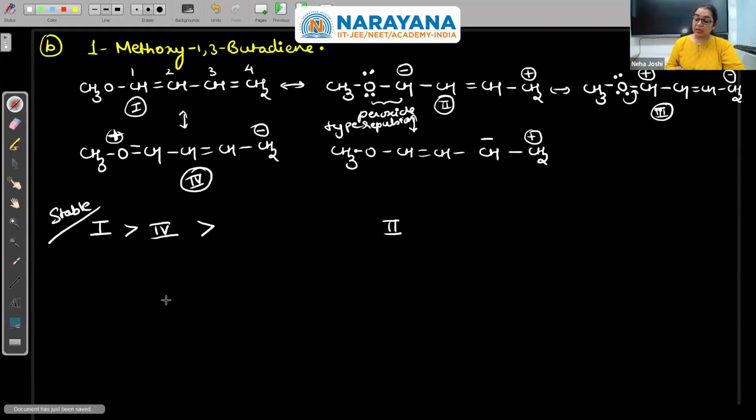Okay, is that clear? Now coming to the third and this one. They are both polarized structures. But in one, the distance between the opposite charges is less and in the other the distance between the opposite charges is more. So 5 is more stable than 3 than 2. Plus on an adjacent atom is still stable next to this second period lone pair having atom. But minus was repulsive. So the order of stability is 1, 4, 5, 3 and then 2.